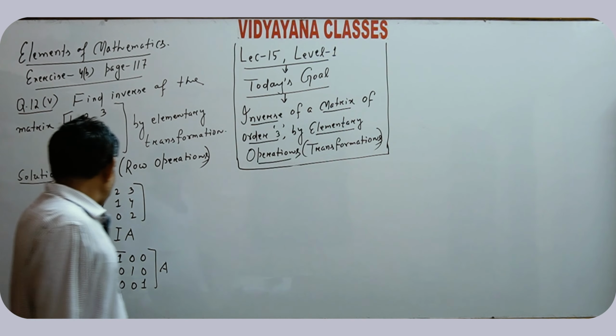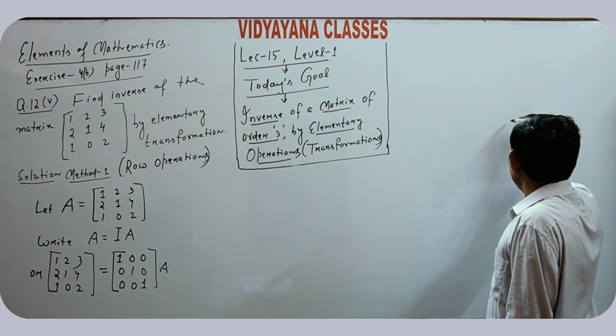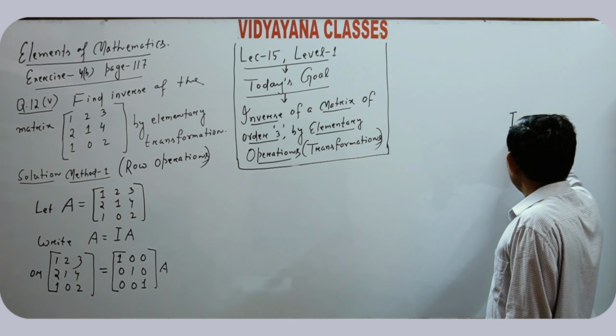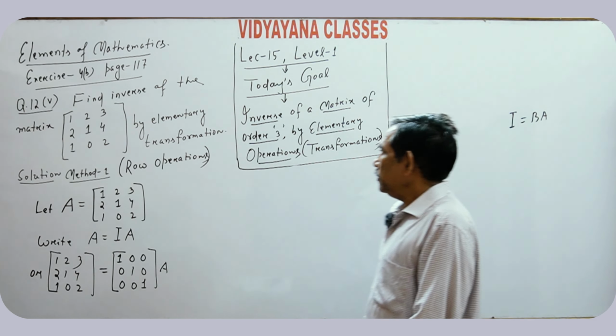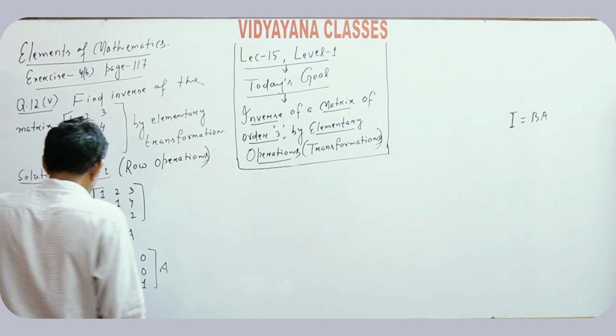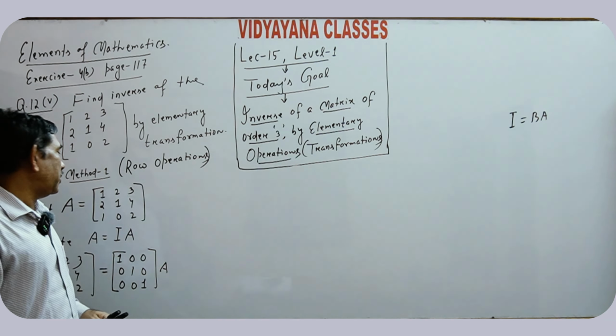We will transform the given expression to the form I is equal to BA using the row operations. We will transform A is equal to IA to the form I is equal to BA.